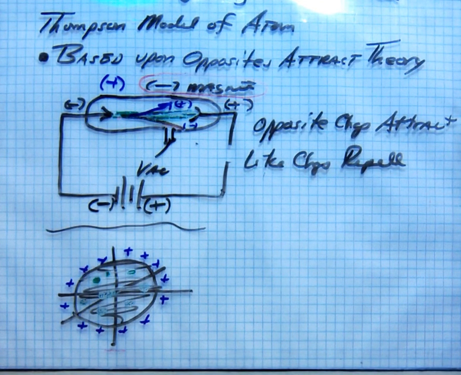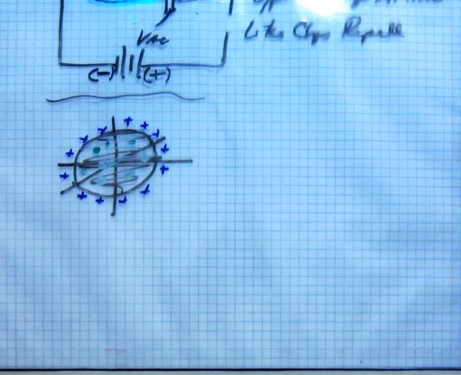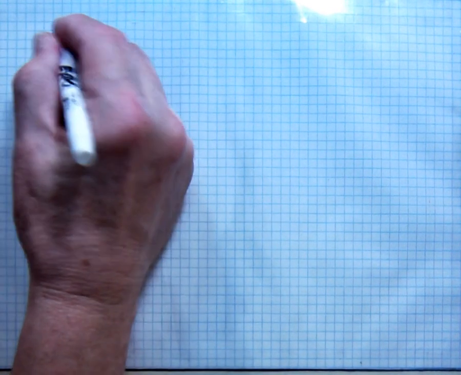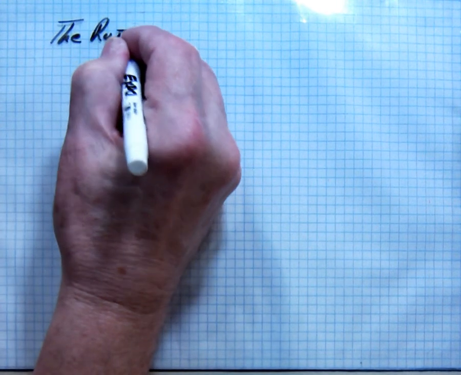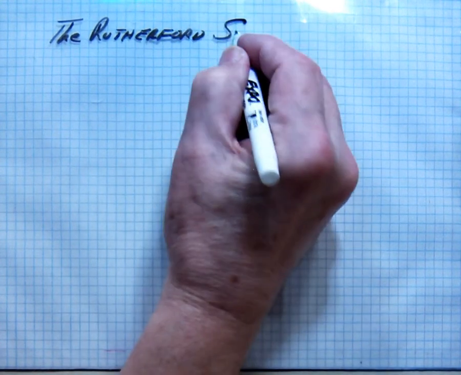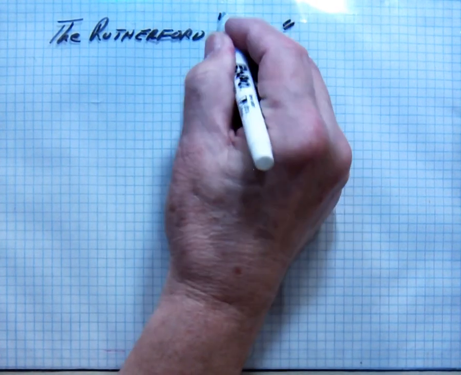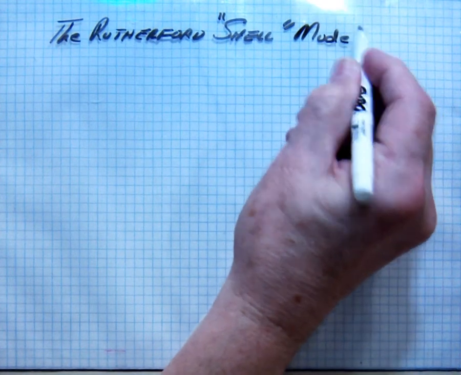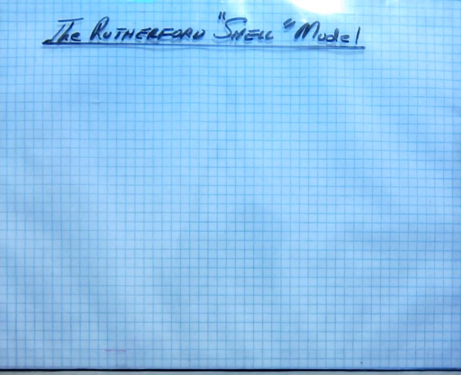Well, as science moved on, that was discarded, and Rutherford did the following work in his laboratory, in his group, and this defines the origins and history of the Rutherford shell model. The Rutherford shell model has two issues that you need to be aware of.